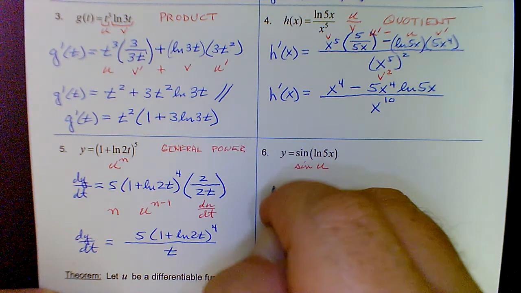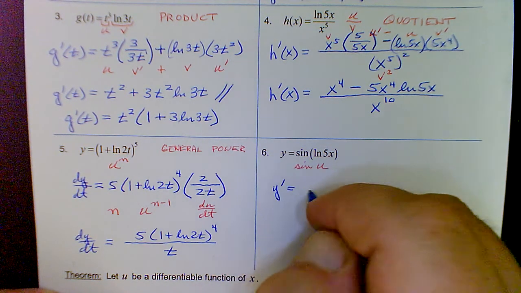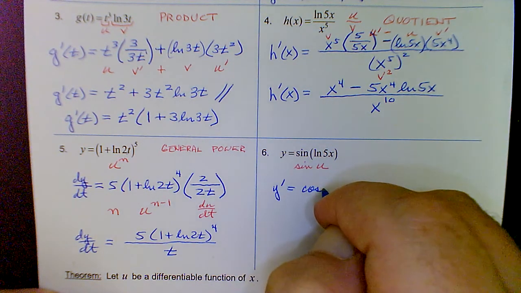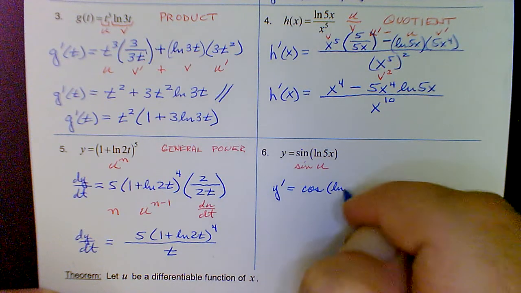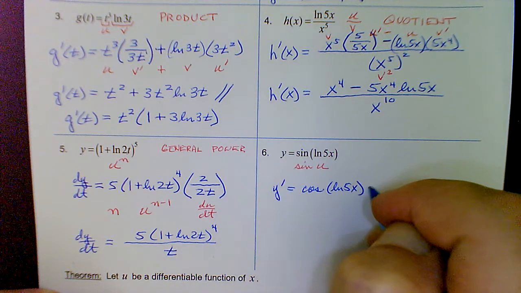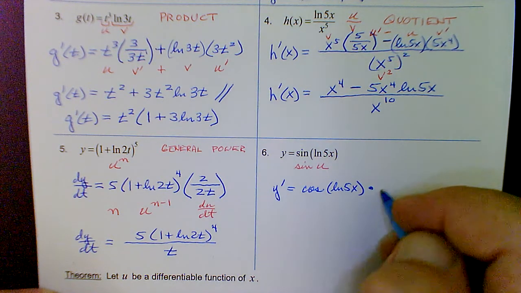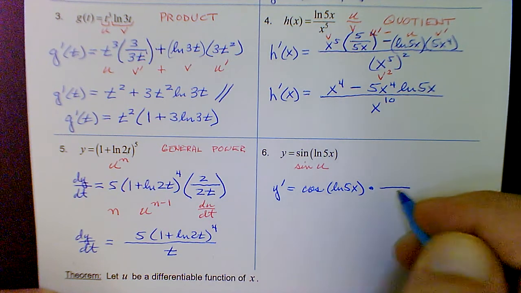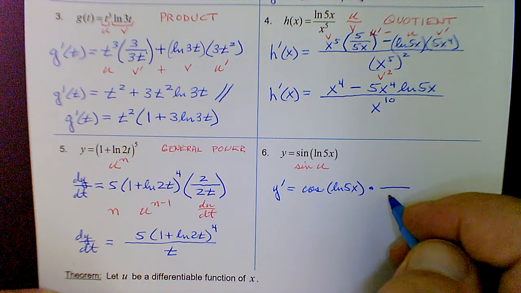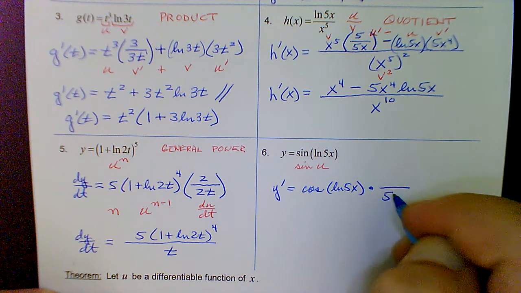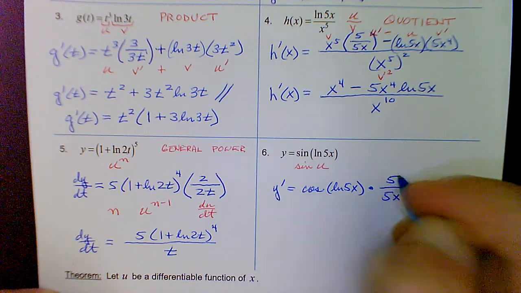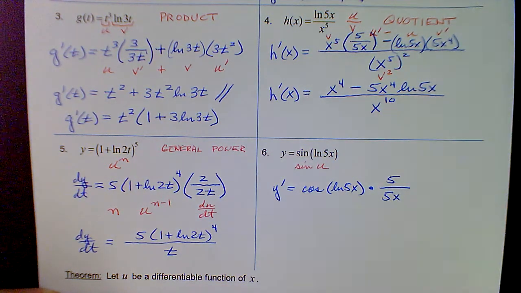And so dy/dx, I'm going to be lazy, say y prime, derivative of sine, cosine, same argument, natural log of 5x, then times the derivative of the argument. So now we're differentiating the natural log of 5x. Again, fraction, log goes away, 5x in the denominator, its derivative, 5, in the numerator.